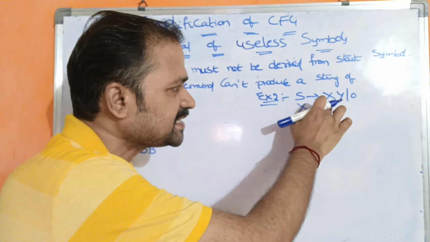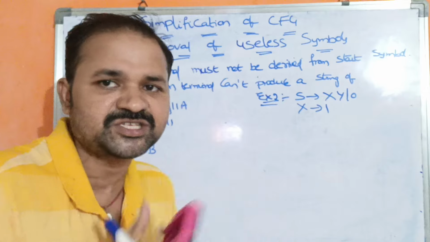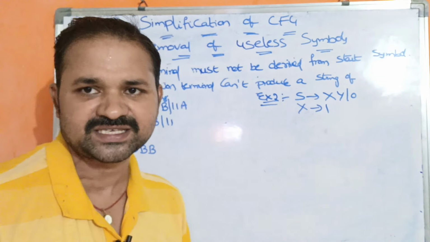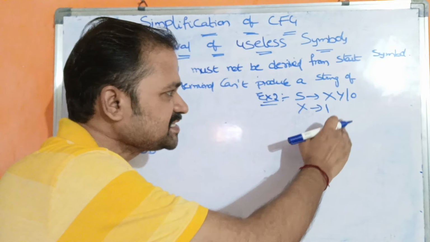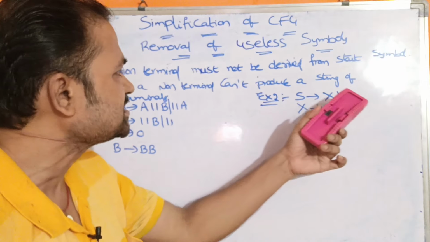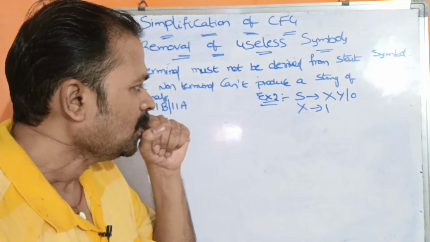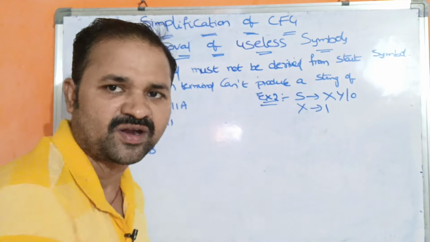So we can say that X is reachable from S. We can reach X from S. But Y productions are not there in the problem. So we can say that Y is not reachable from S. This non-terminal is not derived from the starting symbol.